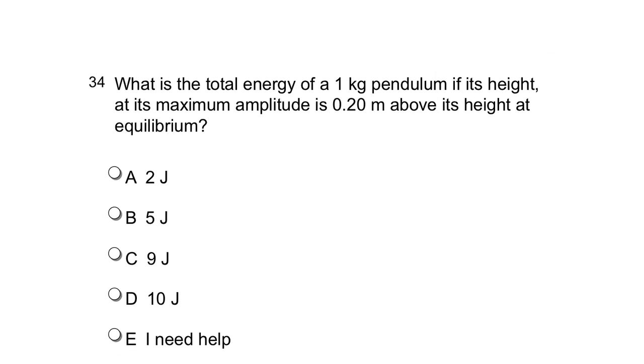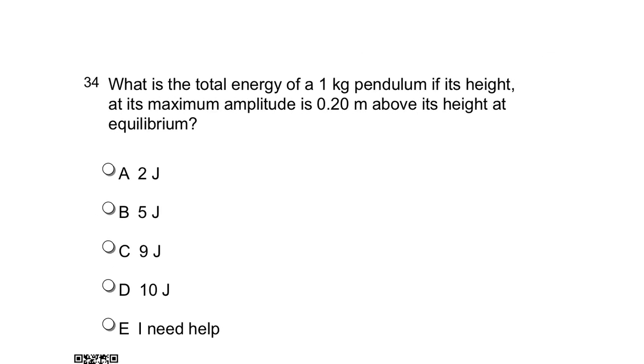What is the total energy of a 1 kilogram mass if its height at maximum amplitude is 0.20 meters? Okay, we did this already, so you can look at the QR code there. So you find GPE max equals mgh, and you've got all those values.